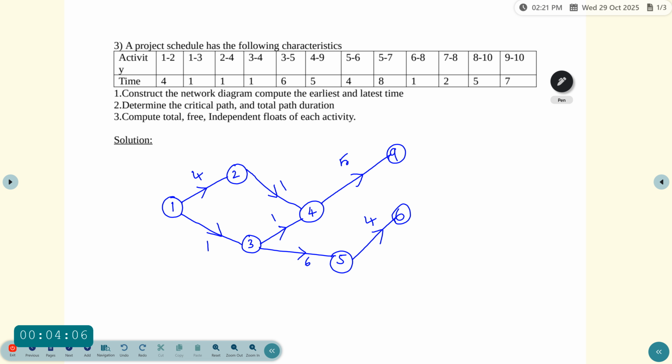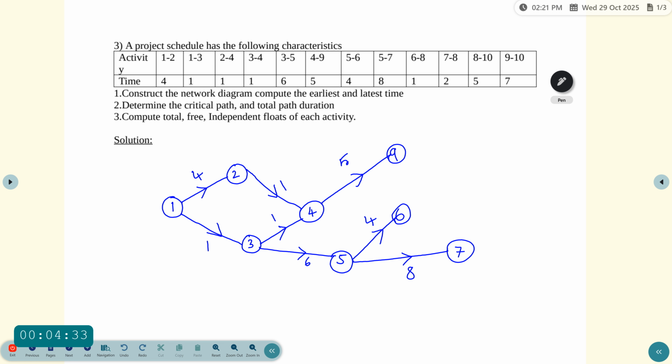And the next activity 5 to 7: 5 is already there, and the new event is 7, connected with 5, and the duration is 8.